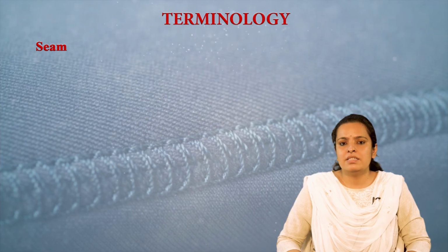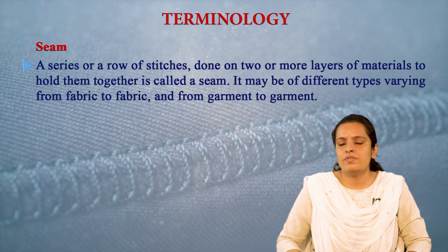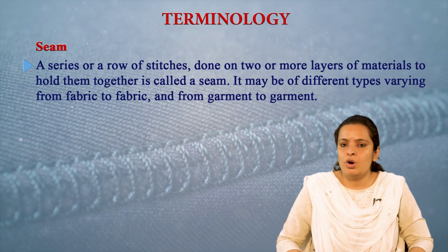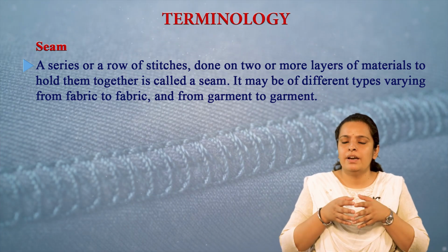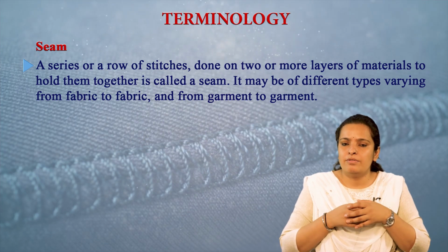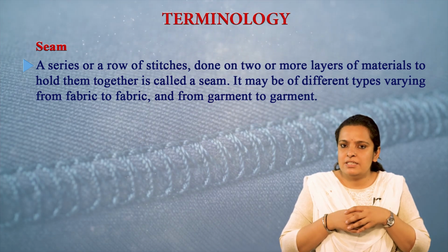Then one term we use is the seam, on which this activity is based, the perfect seam. So what is a seam? A seam is a series or a row of stitches. We discussed that a stitch is the formation of a loop with the thread, with both threads.